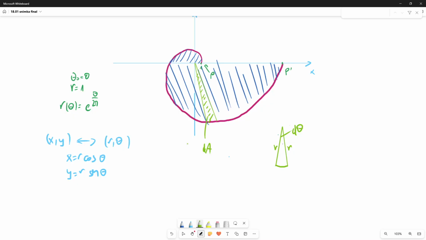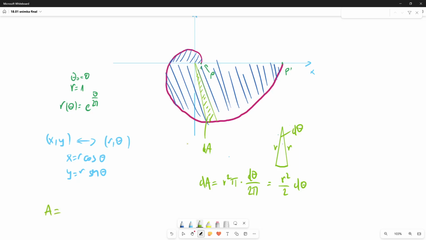In this case, of course, r is a function of theta and it depends on theta. So our unit area, dA, is actually the area of a segment of a circle. So we have the area of a circle, r squared times pi, multiplied by the ratio of our angle and the full angle of the circle, which is 2 pi. And this is obviously r squared over 2 times d theta.